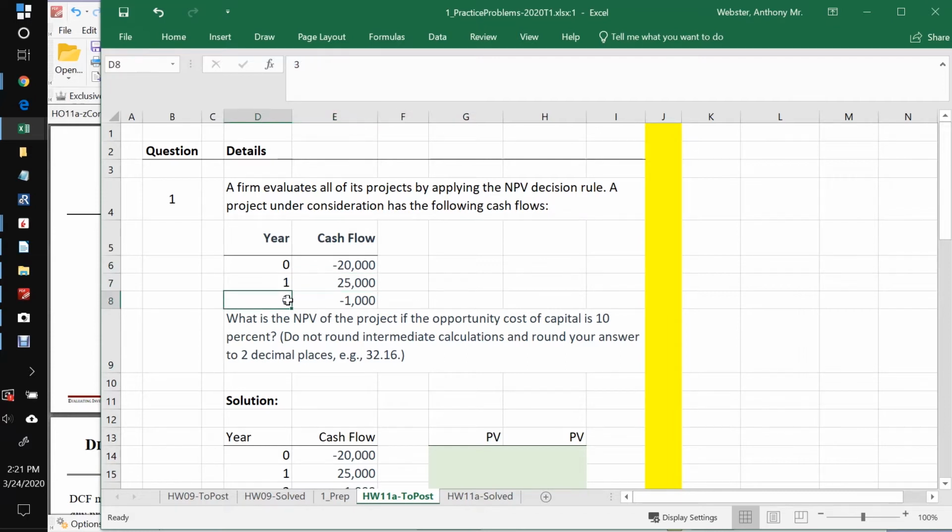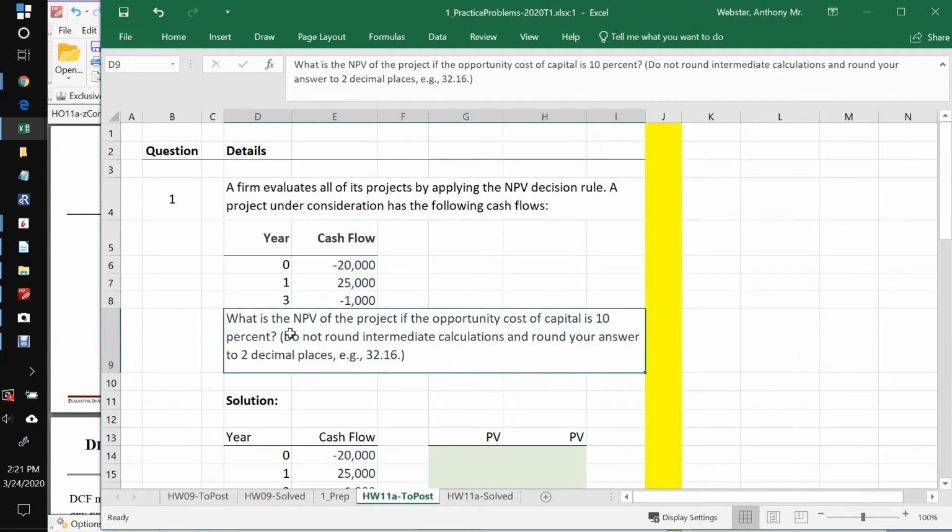And then note here we've got nothing in year 2, and in year 3 we have minus $1,000. So this is actually a reasonable type of cash flow stream for a case where you have a short-term project that's going to require some remediation or some kind of shutdown cost at the end of the project. Okay, so far so good.